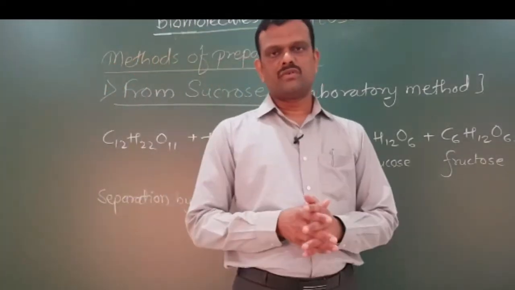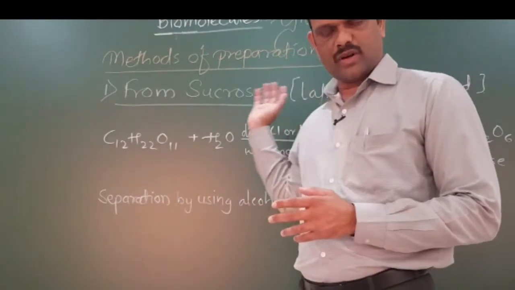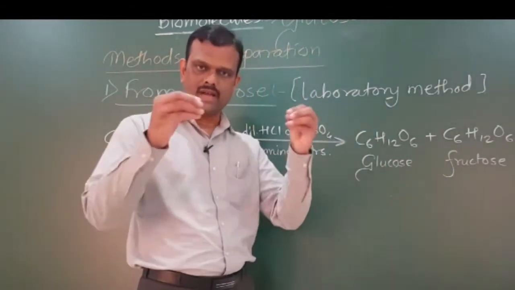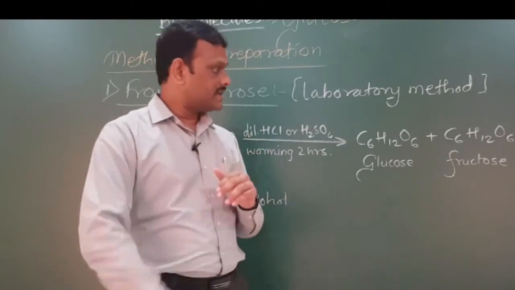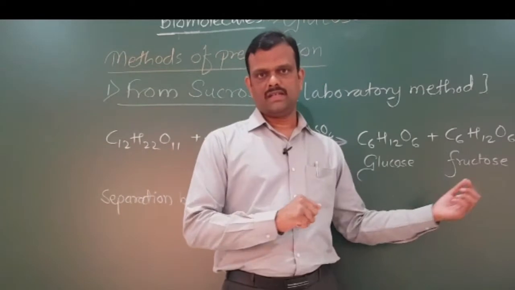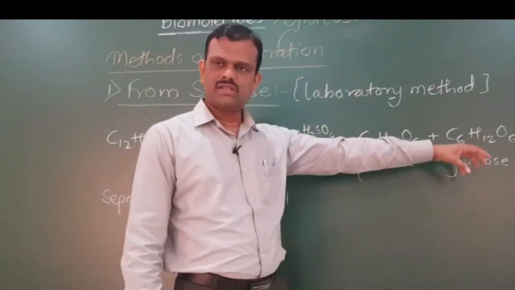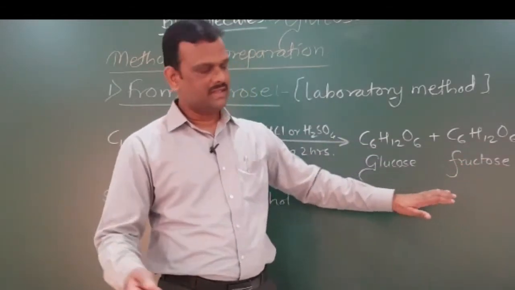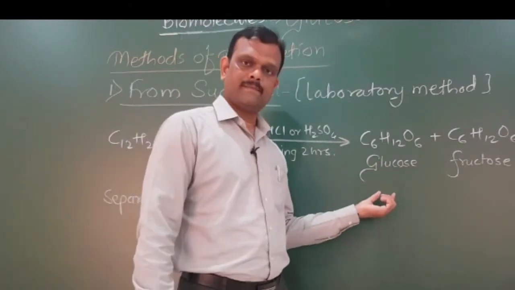For that purpose you have to add the solution of this hydrolyzed product, that means the mixture of glucose and fructose, in alcohol. Now at room temperature fructose is soluble in alcohol. That means at ordinary temperature you have to take the alcohol and add this mixture. What happens, fructose will get dissolved in that alcohol and glucose does not dissolve in that solution.